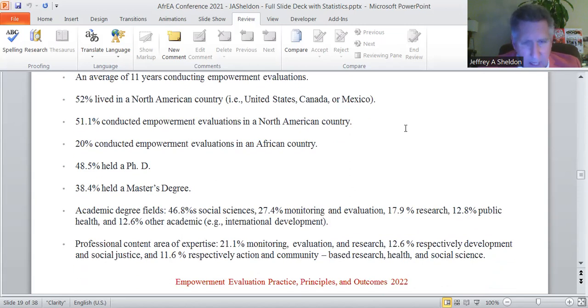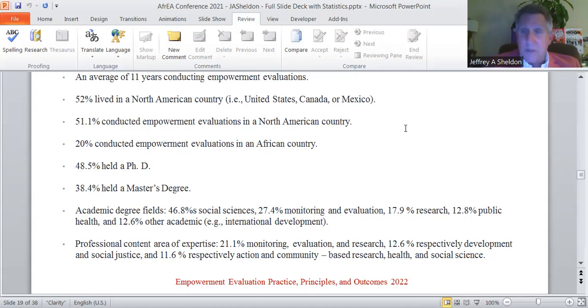And the academic fields varied. You would imagine social sciences, right? And a pretty decent percentage in monitoring and evaluation. Some just do research, some are doing public health, other academic pursuits like international development.